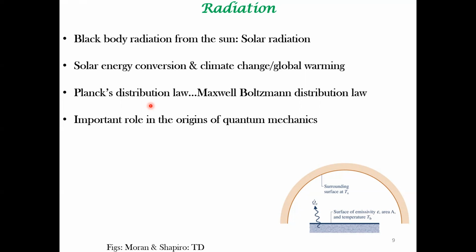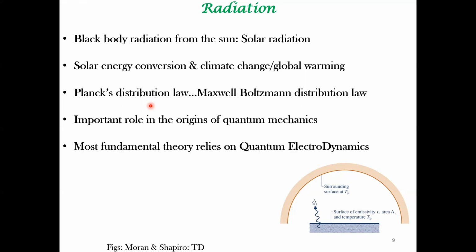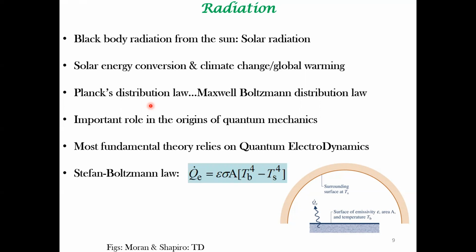The most fundamental theory of radiation is elaborated in quantum electrodynamics. But this is too complicated for engineering applications. So for engineering applications, the law which we use is called the Stefan-Boltzmann law.